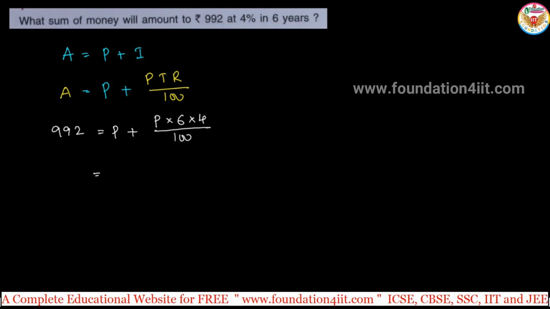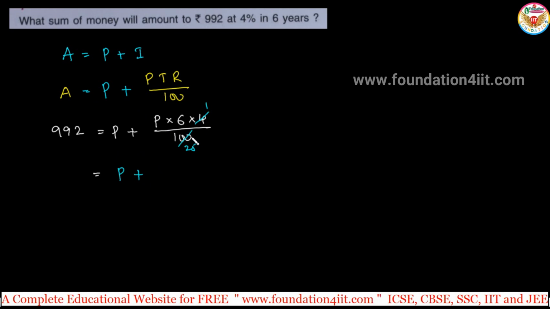From this you can find the P value directly, not after assuming some other values. P plus P into 6 into 4 by 100. You can cancel this 4 ones are 4, 25.